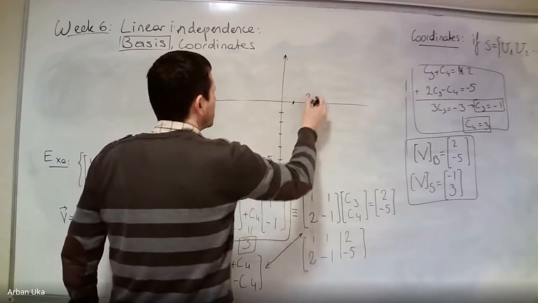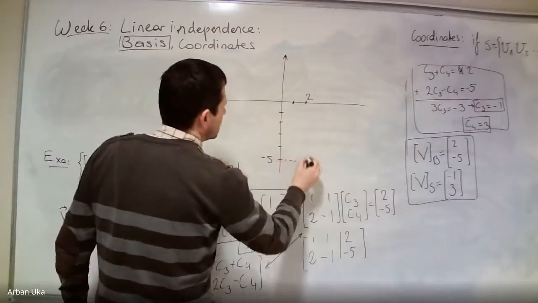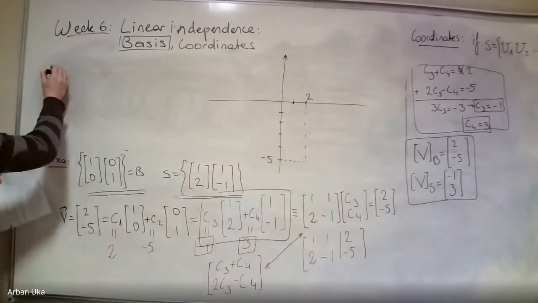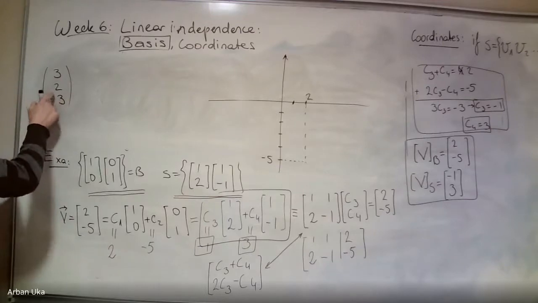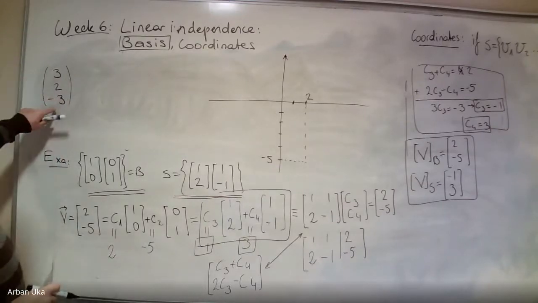So this is the vector 2, and we're looking for the vector 2, minus 5, which is this. Actually, before solving this problem, let me answer this. For a vector which is 3, 2, minus 3, what is the projection of this vector onto the z-axis? It is 0, 0, -3.